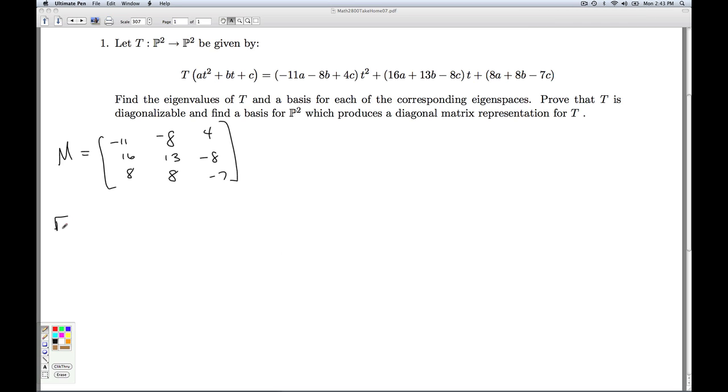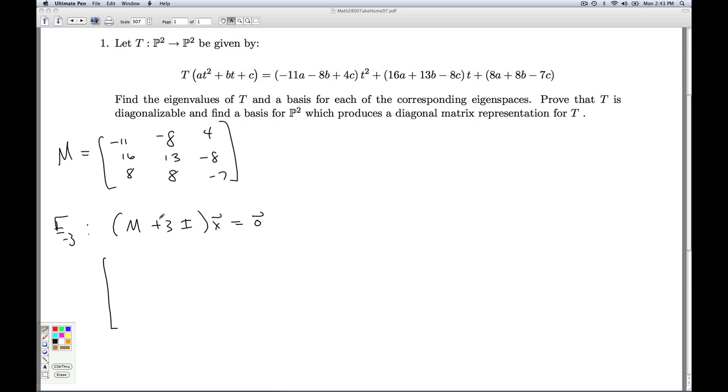Now we're going to look for a basis for E negative 3, the eigenspace corresponding to the eigenvalue lambda equals negative 3. So we're going to look for solutions to M plus 3I times x equals 0.